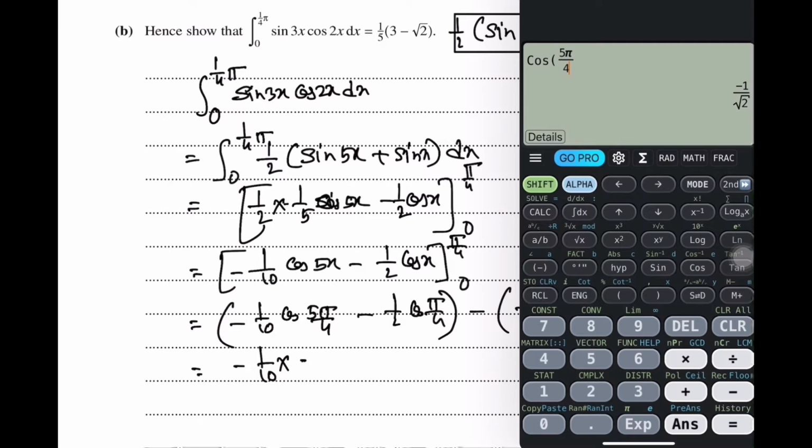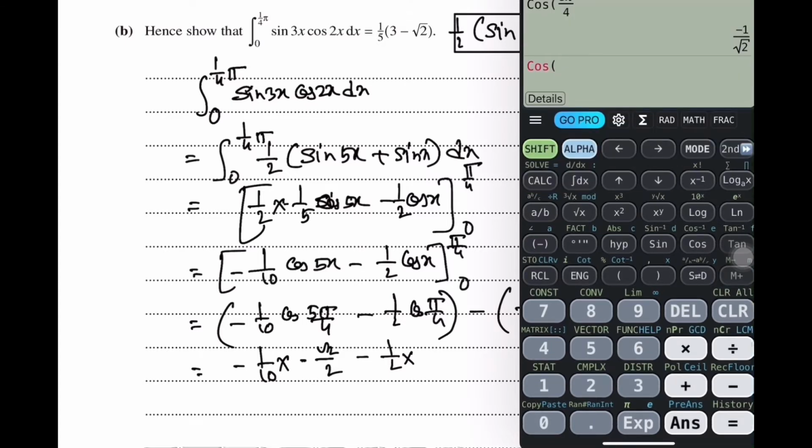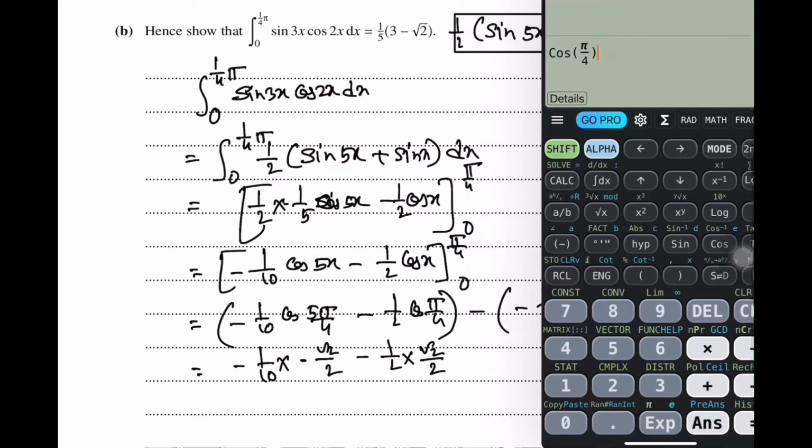This is minus root 2 by 2. Then cos pi by 4 is root 2 by 2. 1 by root 2 and root 2 by 2 both are the same thing.